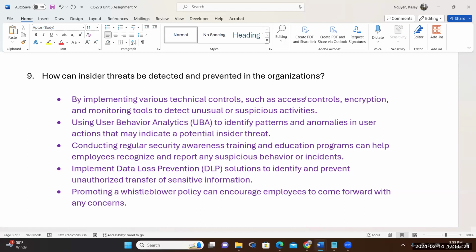Such as bringing in a USB drive and pulling the data, and then taking that USB drive outside of the organization, putting it on personal cloud space, or sending it to themselves or other people via email. So how are they able to extract the data and send it out to external resources? And then promoting a whistleblower policy, encouraging people to report more often.